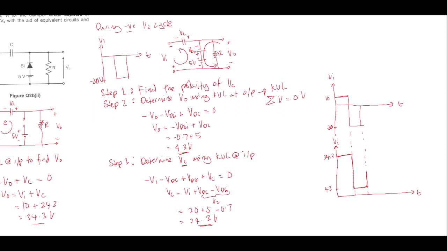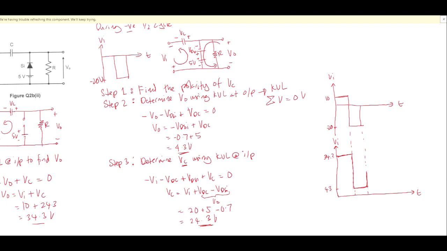In this case, this is a positive clamper, so the output must move upward. The input is 10 volt, then the output moves to 34.3 volt. Then for the negative half cycle, the waveform moves to 4.3 volt. It shifts.